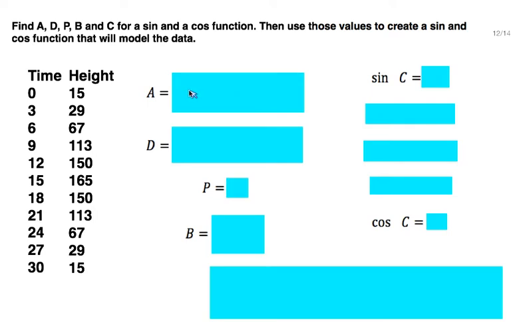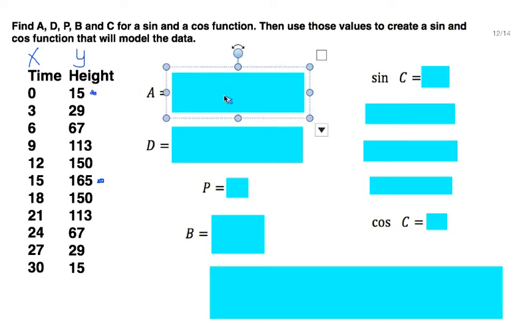And if you recall from last week, to find your A value, you need to take your maximum minus your minimum, and these are your Y values. So it will help if you remember that our time is our X and our height is our Y. So we're going to take our maximum here and our minimum here, and we are going to find the difference.